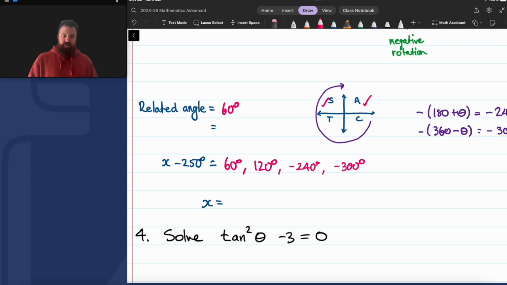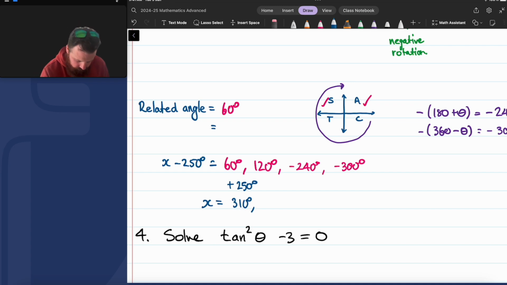Now I need to apply the shift. How would I get rid of x minus 250? I'd add 250. So we're going to add 250 degrees to everything. 60 plus 250 is 310. 120 plus 250 is 370.